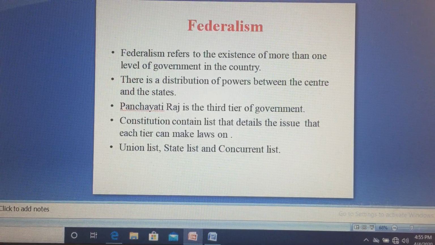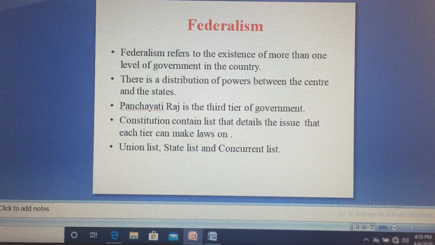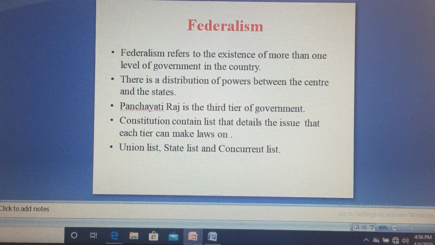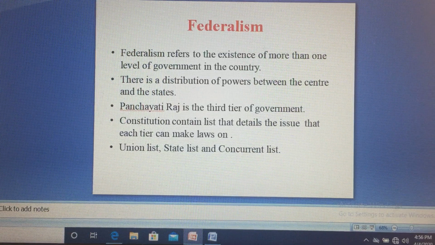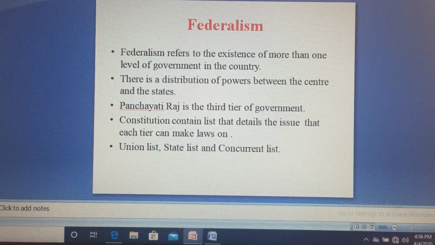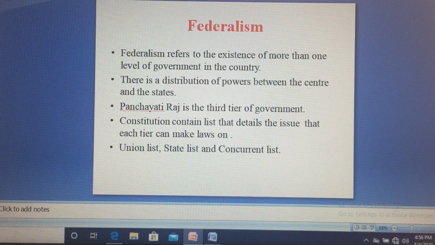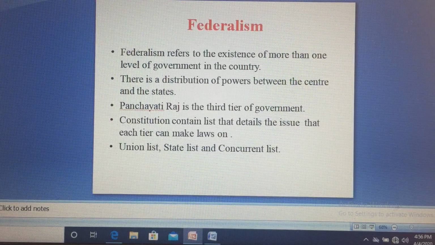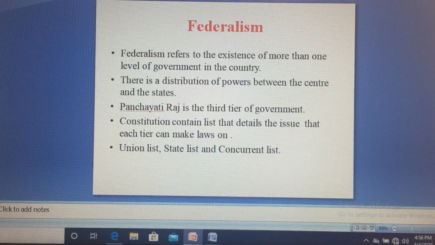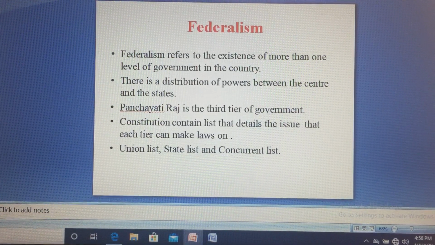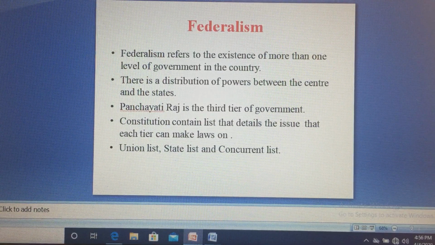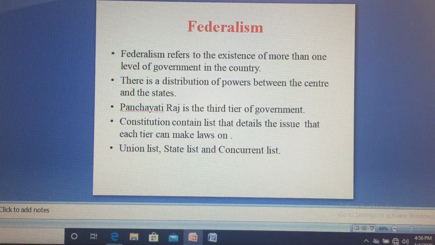The third list is the concurrent list. It is a list of items on which both center and state can make law, like marriage and matrimonial matters. But suppose on a particular topic both the state government and the central government have made laws, then the central government law prevails.